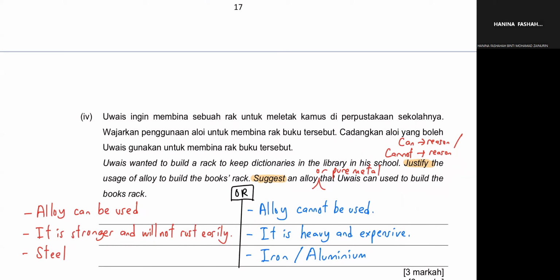So there's one problem sometimes. Not everything is perfect lah. Even though alloy is better, it is more expensive and heavier to carry. Then you can suggest a pure metal. If you don't suggest alloy, you can suggest iron or aluminium. But you cannot use duralumin. Duralumin is not suitable in this case. I searched already, not suitable.